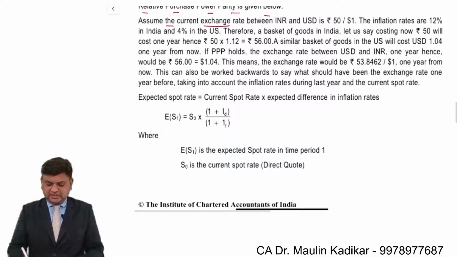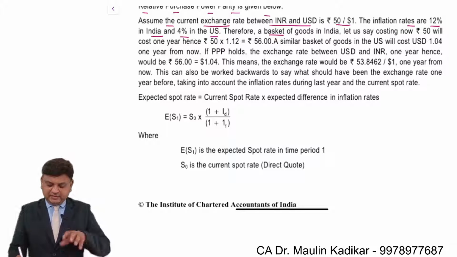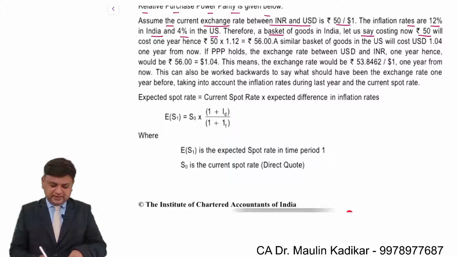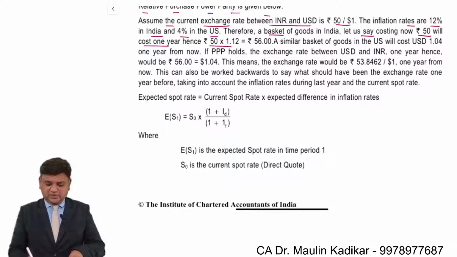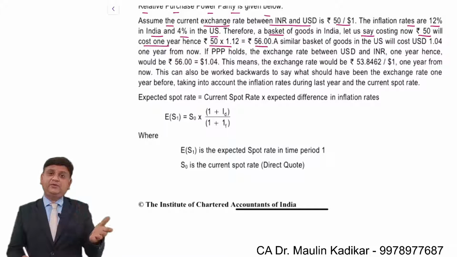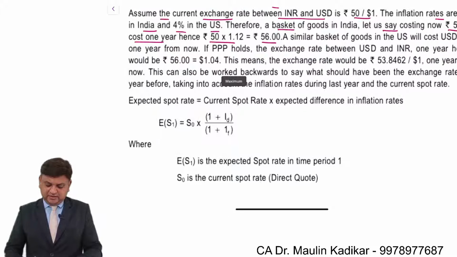Assume that the current exchange rate between rupee and dollar is 50 rupees per dollar. Inflation rates are 12% in India and 4% in United States. Therefore, a basket of goods in India, let us say costing 50 rupees right now, after 1 year will cost 56. Why? Because the inflation is 12% in India.